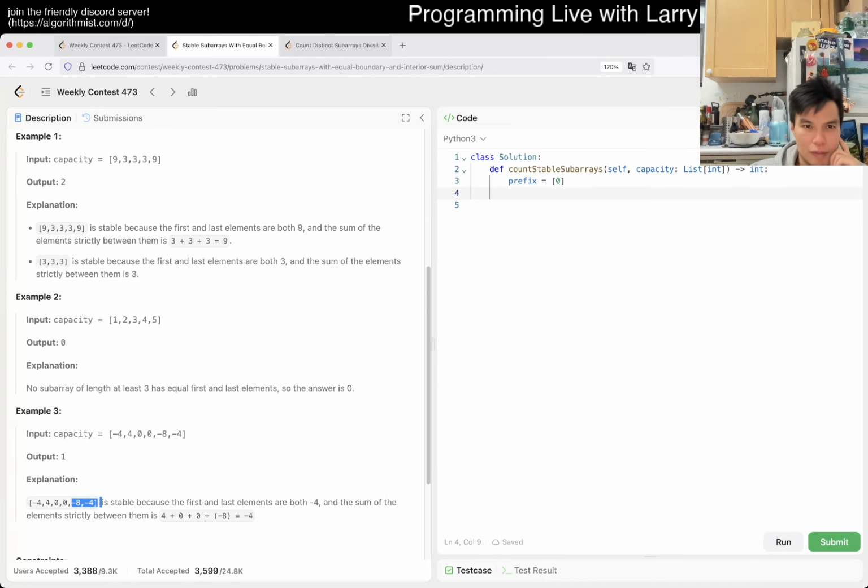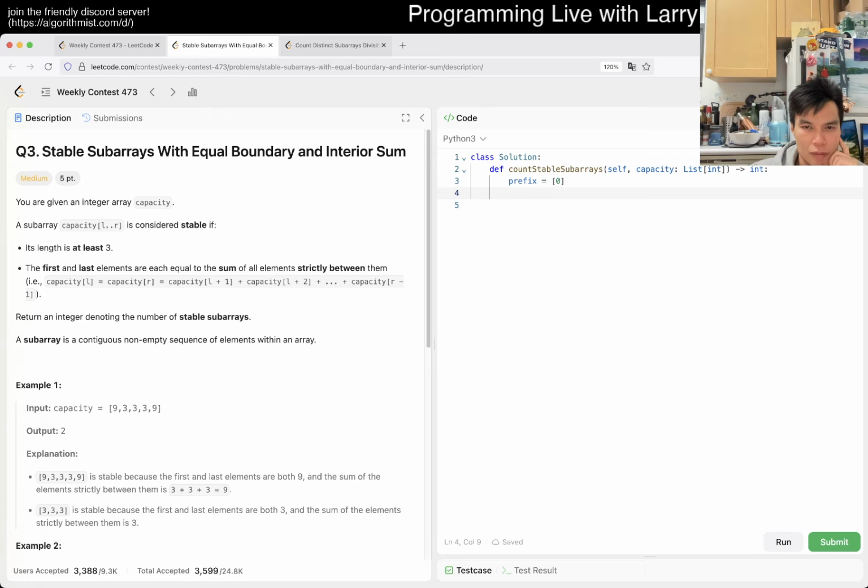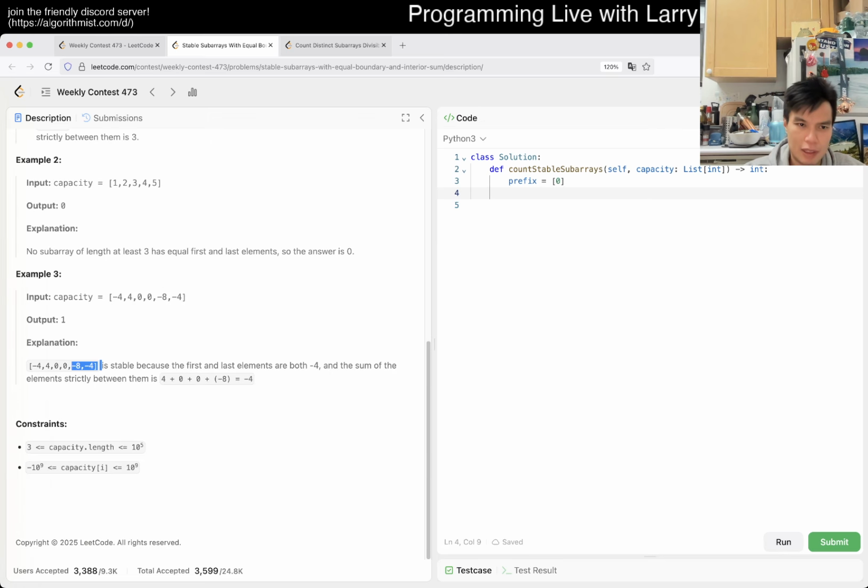Okay, so there could be a lot of these, right? Am I missing something dumb? Because you can have negative numbers, that's the key part. If you cannot have negative numbers, then maybe that's a little bit easier. Actually, if you can't have negative numbers, it's trivial. But if we can have negative numbers.